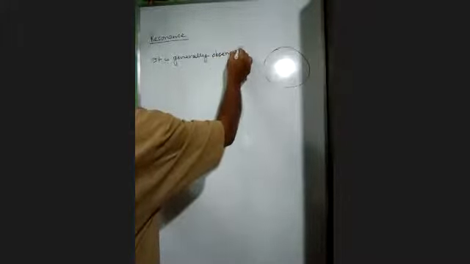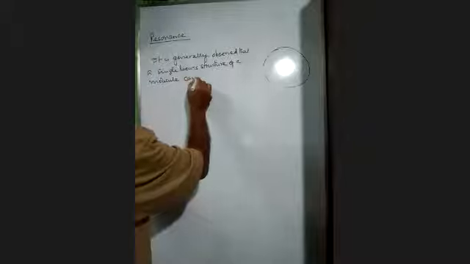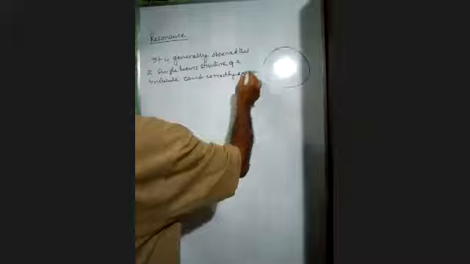It is generally observed that a single Lewis structure of a molecule cannot correctly explain the properties of the molecule.